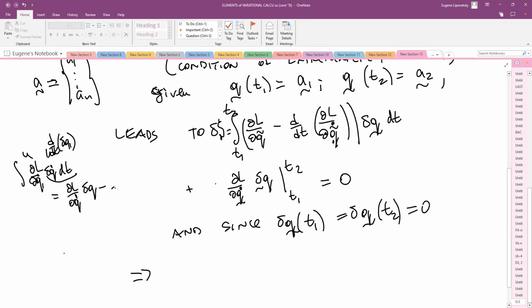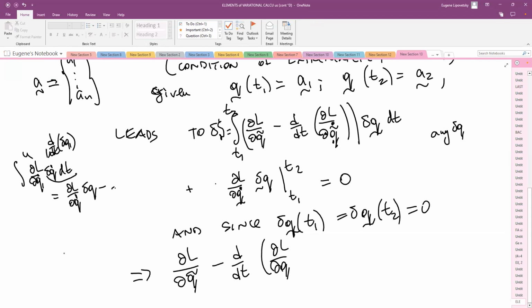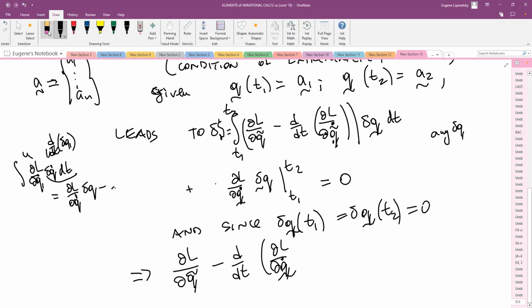This is true for any delta Q. Then we have our equations dL over dQ minus d over dt of dL over dQ dot equals to 0. All right. Does it make sense so far? Do you have any questions about this one so far?